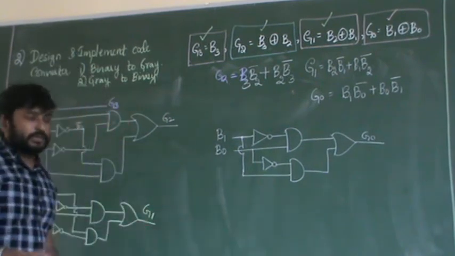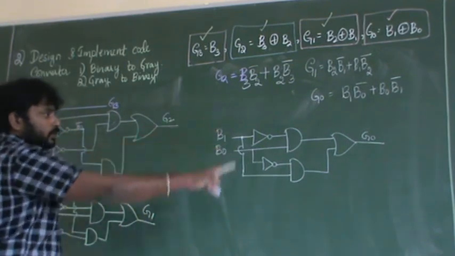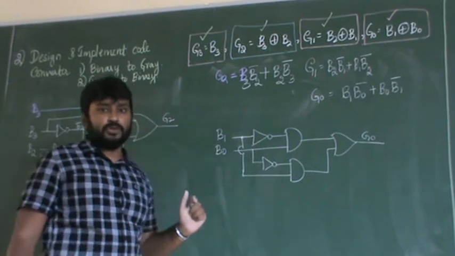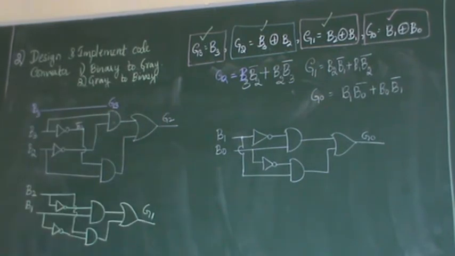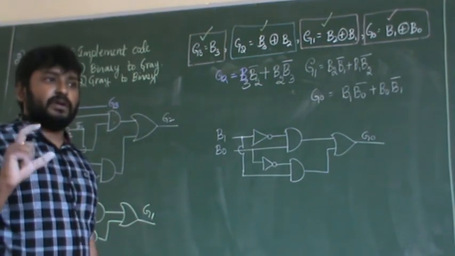You cannot implement each and every circuit separately. You have to implement the whole thing, that is G3, G2, G1, G0. The whole thing you have to show. So now let me write down the pin numbers. So 1, 2, 3, 4, 5, 6. If you go through the pin configuration of the NOT gate, there are 6 gates in one particular IC.